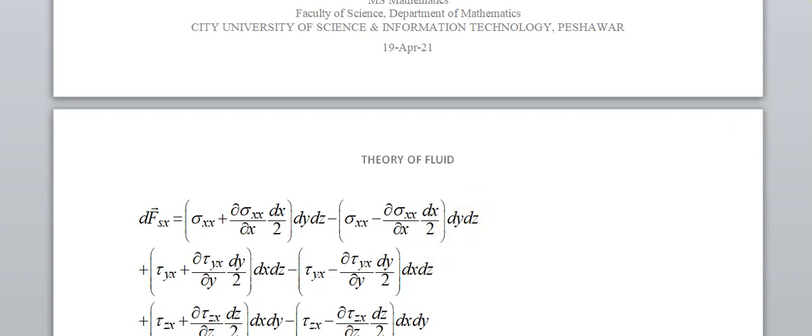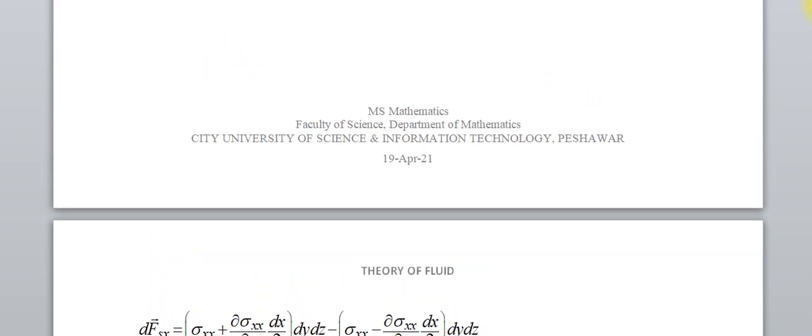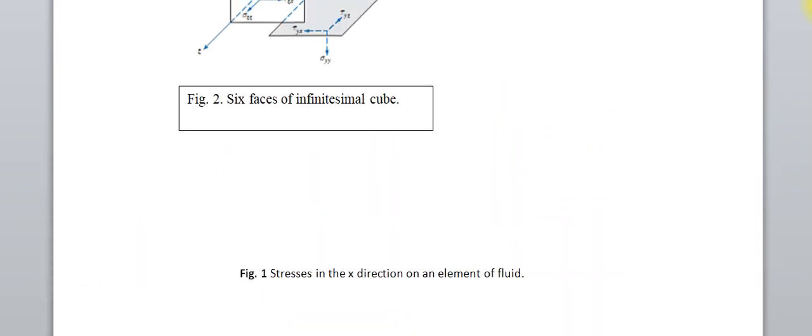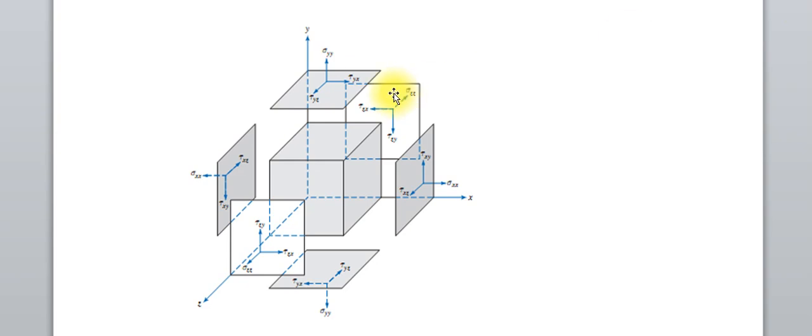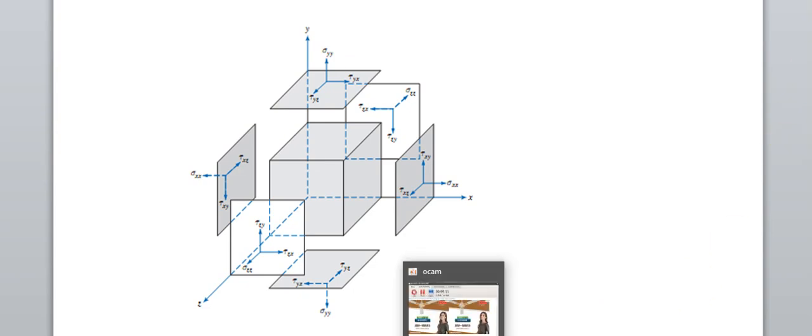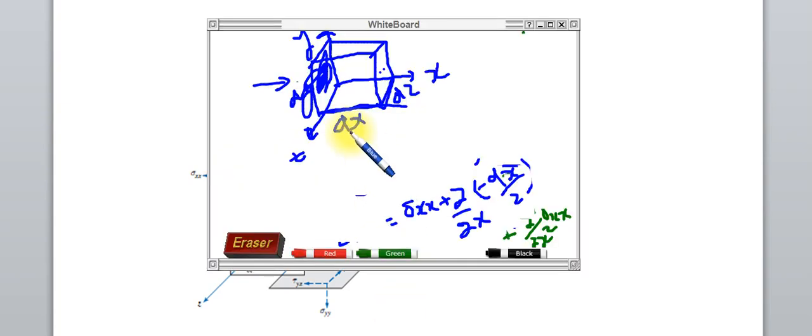Now you can see this one. Look at the stresses, this one, in the x direction. So when it is moving in the x direction and the plane is y, this is the y plane.